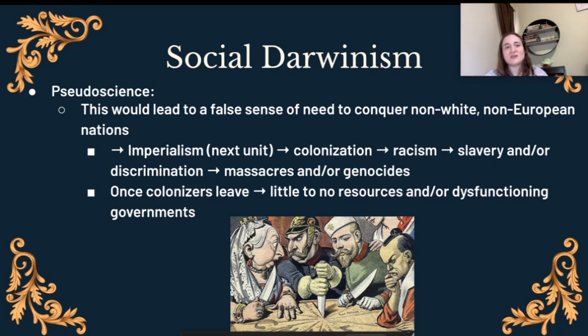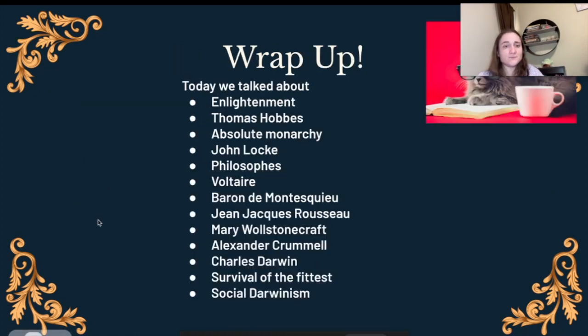Racism leads to slavery and or discrimination, and then that in turn turns into massacres and or genocides. Also, once a colonizer leaves a territory, typically they suck that territory dry of natural resources, so there's little to no resources left, and a very dysfunctional government.